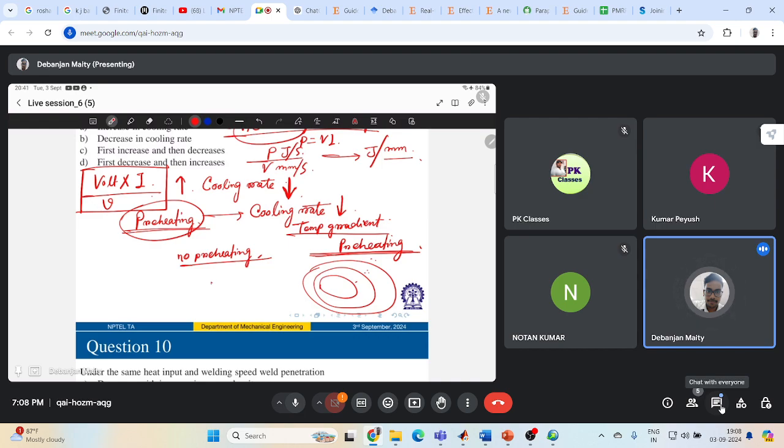If there is no preheating, initially it will be at ambient and then go to a certain temperature, so it will not be uniform. So the dissipation of heat from the center will be slow if you are doing preheating, because the temperature gradient will not be that high. What will happen for a no preheating case? Dissipation will be slow.